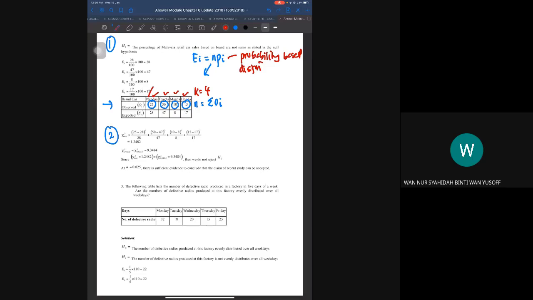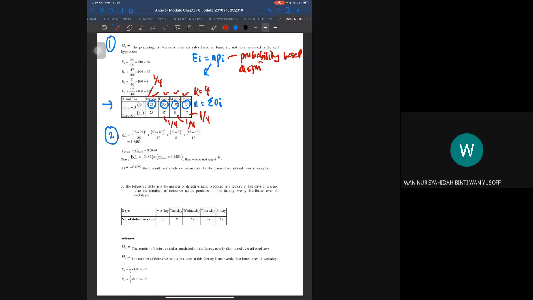But here, let's say no percentage is given. We use the number of categories, so it is 1 over 4 for the Perodua. For the Toyota, similarly 1 over 4. For the Mazda, also 1 over 4. For the Honda, also 1 over 4.